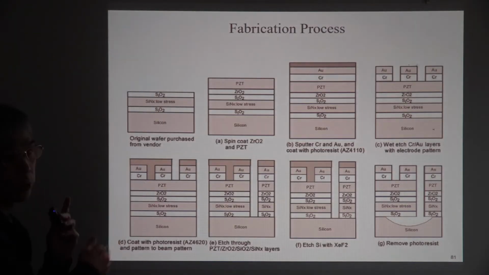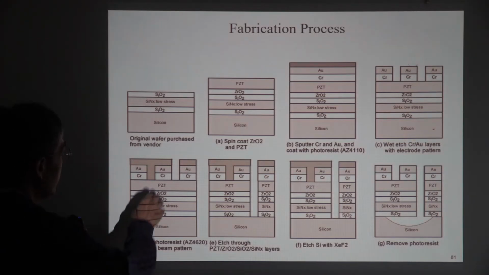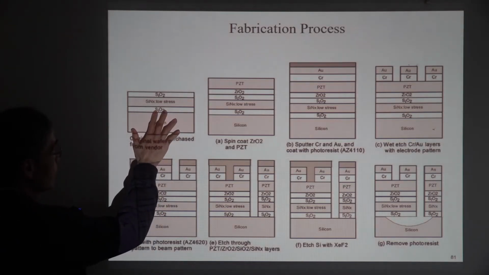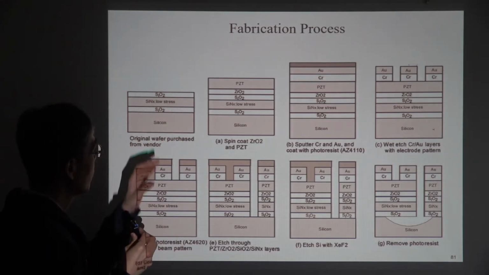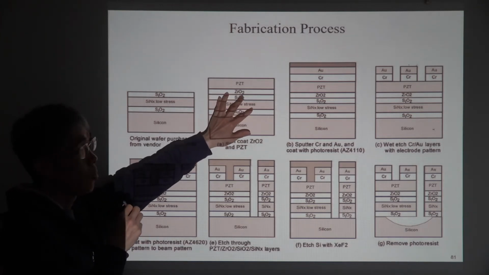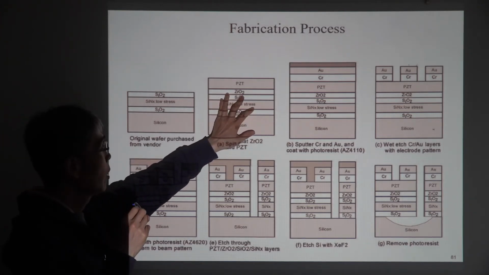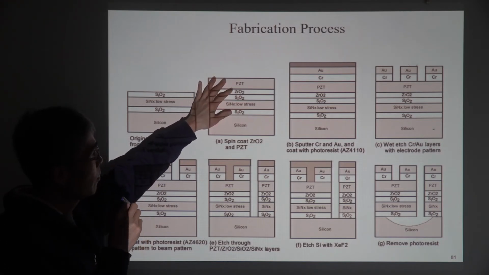So this figure shows the fabrication steps. We have silicon dioxide, and silicon nitride, and silicon dioxide. On top of silicon dioxide, we grow ZrO2, the adhesion layer. Then we deposit PMN-PT.